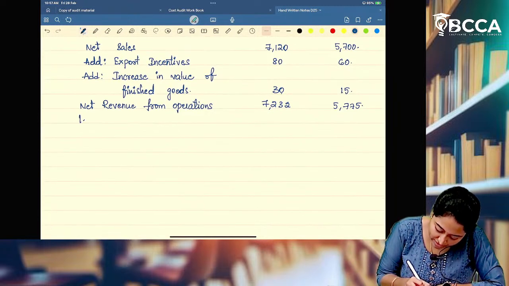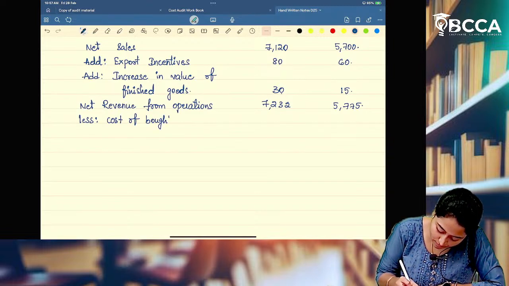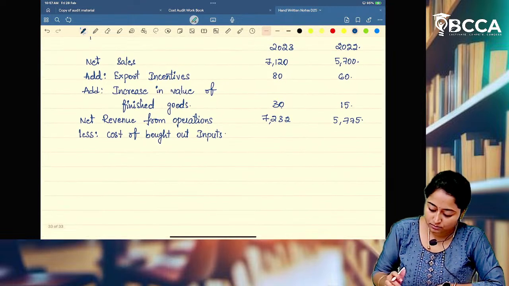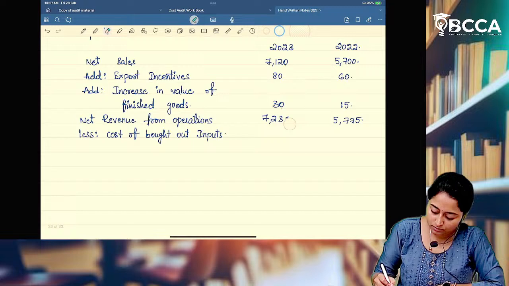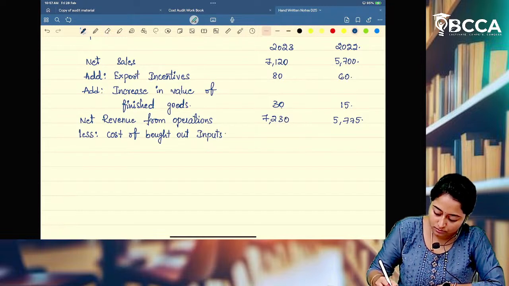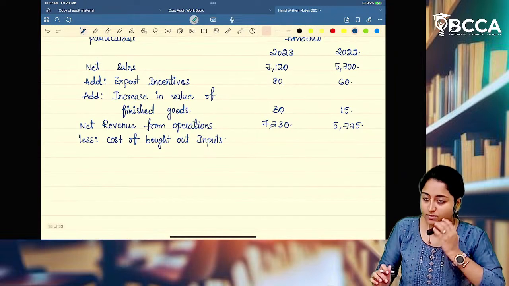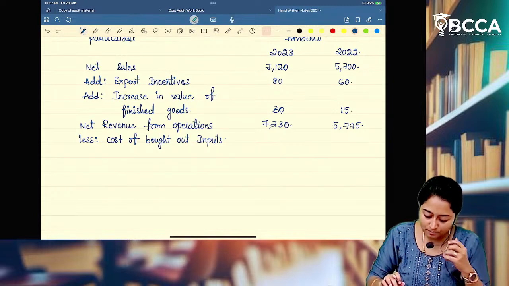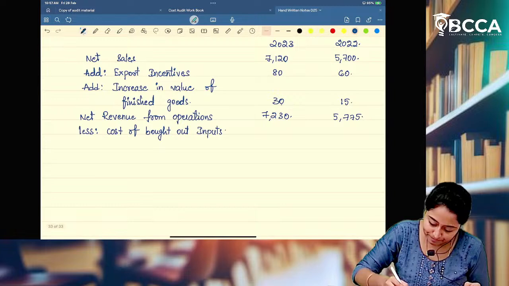Now here we'll write less cost of bought out inputs. Okay. Cost of bought out inputs.